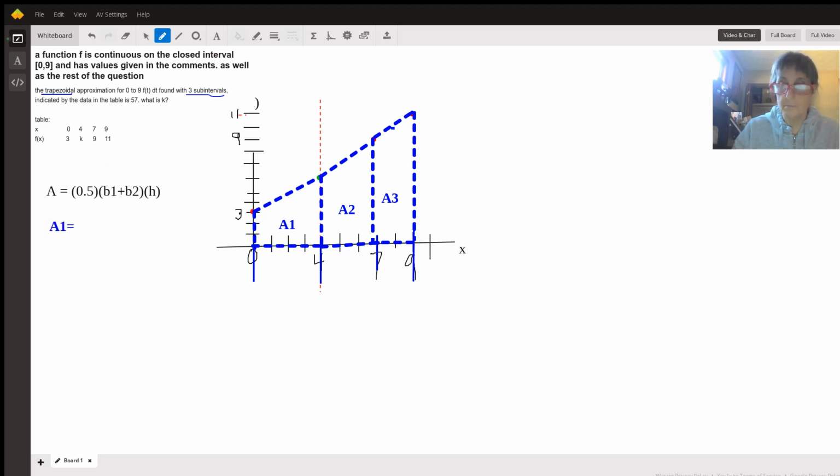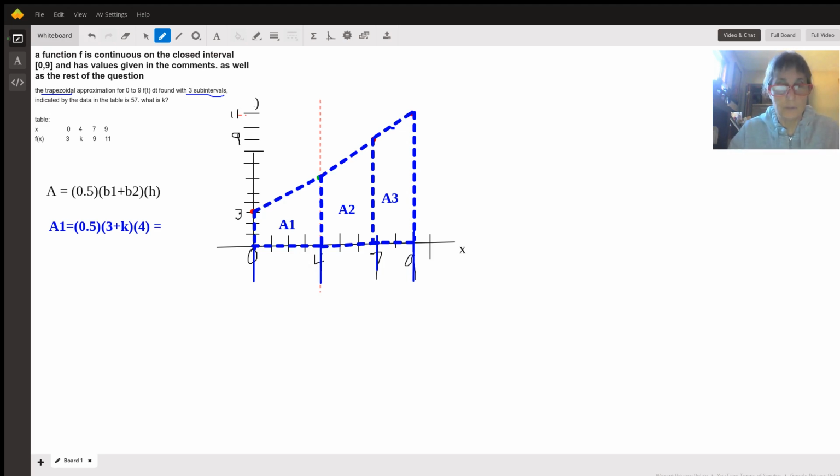So area 1 is 1/2. Now remember, the bases are the parallel sides. The first one has a height of 3, and the second one has a length of k. And then the height is the distance between the bases, which is 1, 2, 3, 4. So that's my first area. And so you can multiply all this in.